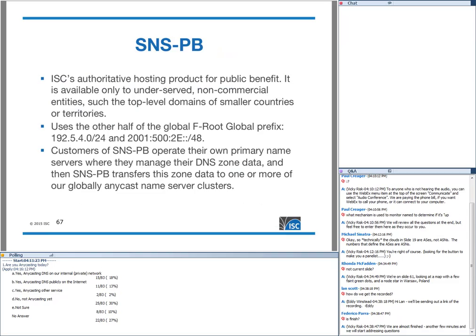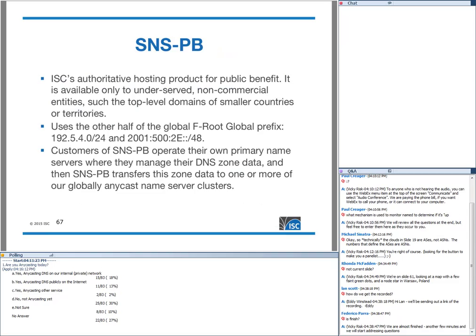And you'll know that there are two 24s inside of a 23 and two 48s inside of a /47. So you're probably wondering, what do we do with the other half of the global prefix? And this is where SMSPE comes into play.